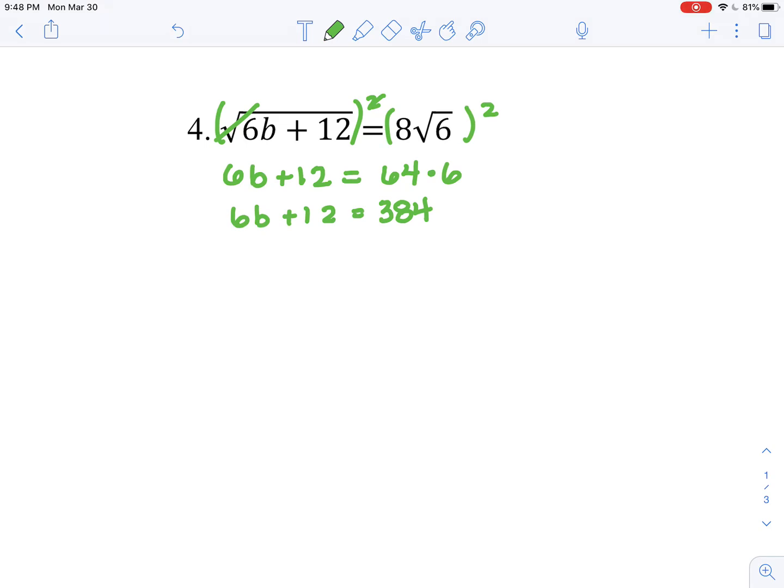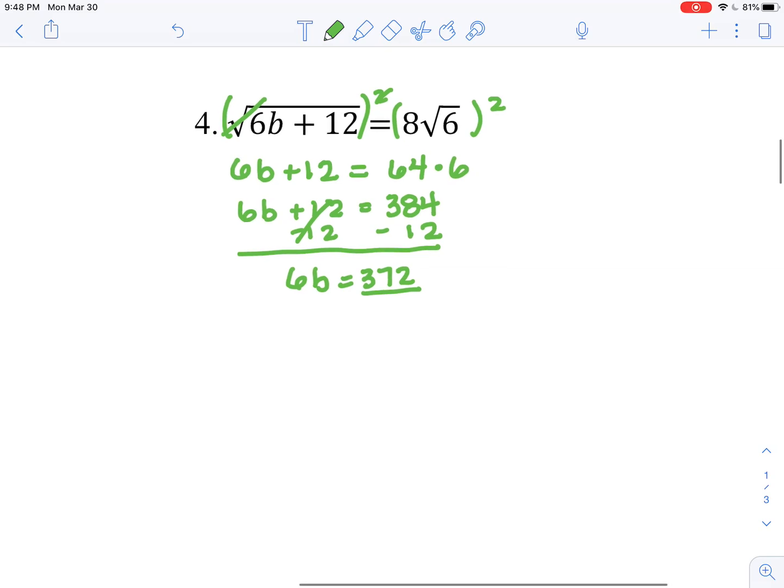And then we can finish solving for b. Subtract 12 from both sides. So that 6b equals 372. And when we divide both sides by 6, b should be 62.